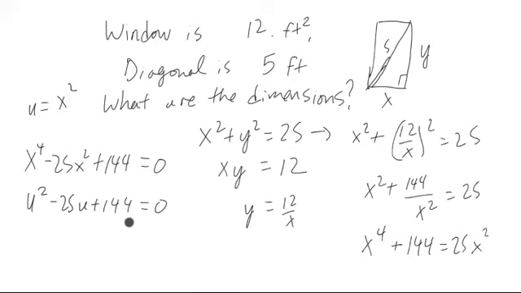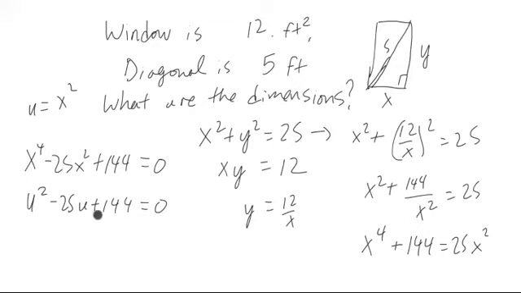Now, let's think for a minute. Is there any possible way that this could actually factor in a nice way? We have to think for a second here and see if it can. It may not. But we could go ahead with the quadratic formula.